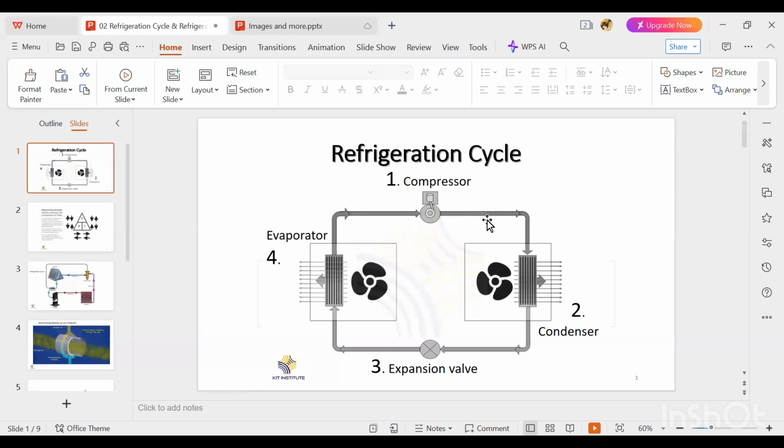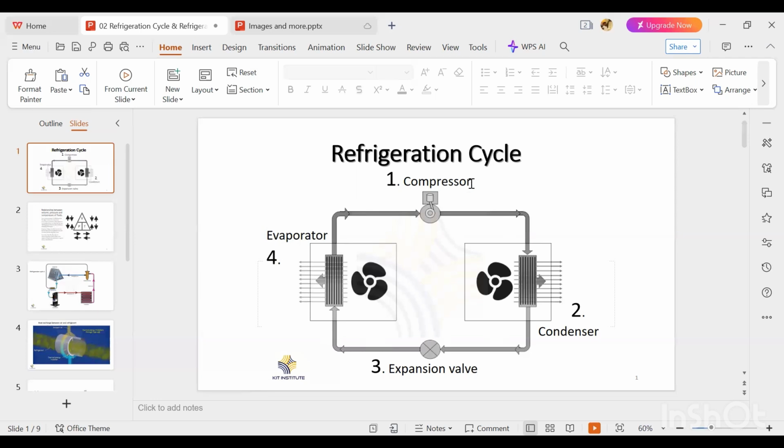So it is a fluid that is going to be moving around the system to make sure that our intended desire, cooling or heating, is achieved.